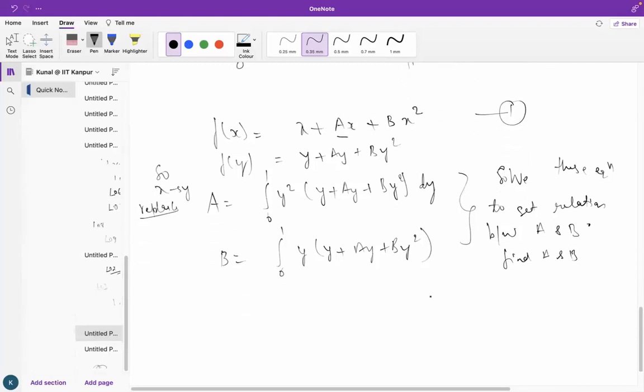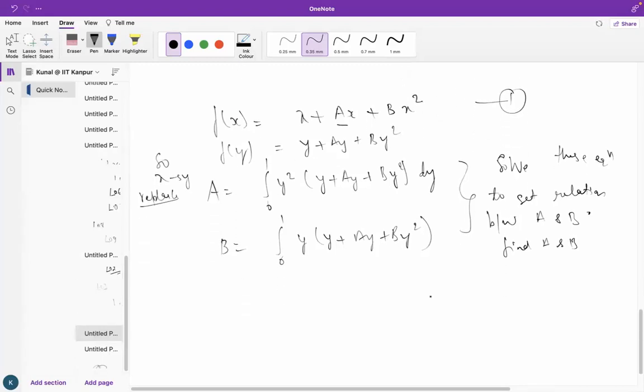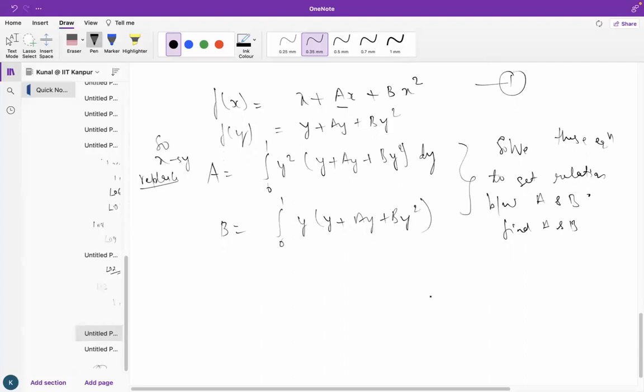So how to do that? Right, so let me write it here. Our a is equal to, let me move on from the a, nothing but we are integrating from 0 to 1, and let me multiply it inside. So it will be y cube plus ay cube plus by to the power 4 dy. Let's integrate it.